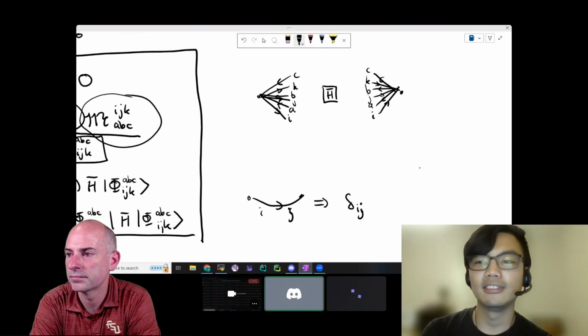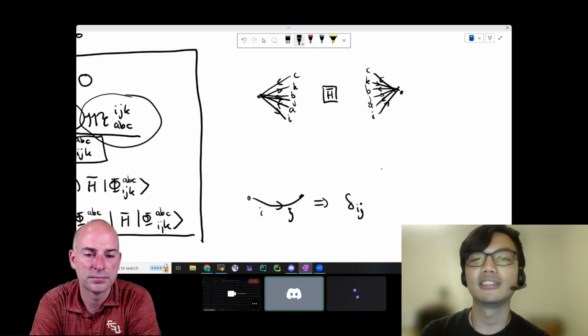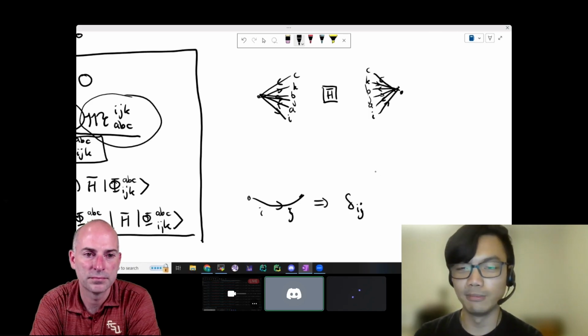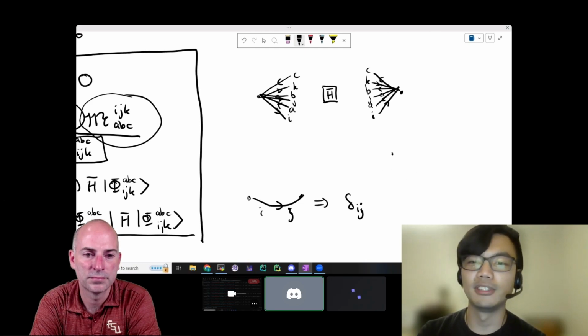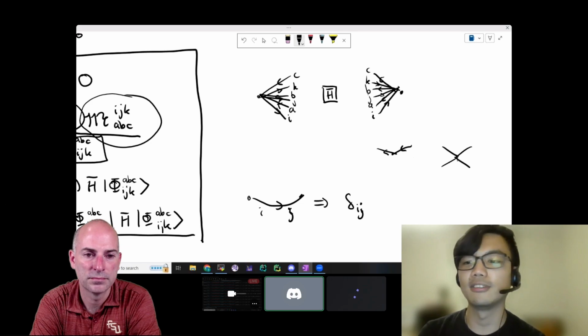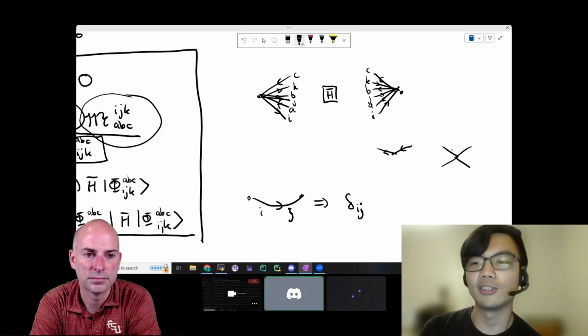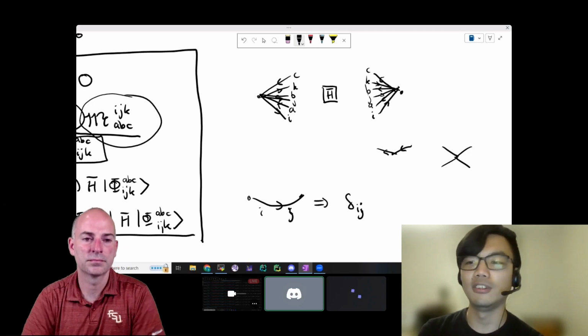Our electronic Hamiltonian has 1 and 2 body contributions, right? In diagrammatic terms, that means you will have parts that have 2 lines and 4 lines. You can already intuit that each line corresponds to 1 index in your tensor.